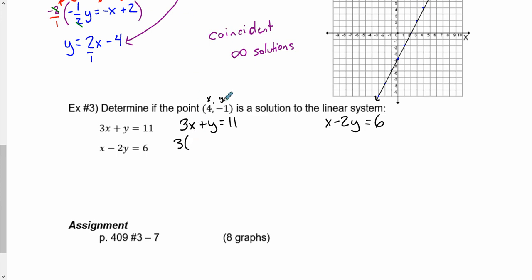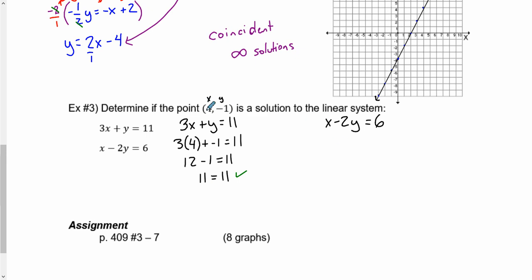Can I take 3 times the x, which is 4, add a negative 1, and equal 11? 3 times 4 is 12. Adding negative 1 means just subtracting 1. Yeah, 11 equals 11. We're all good.